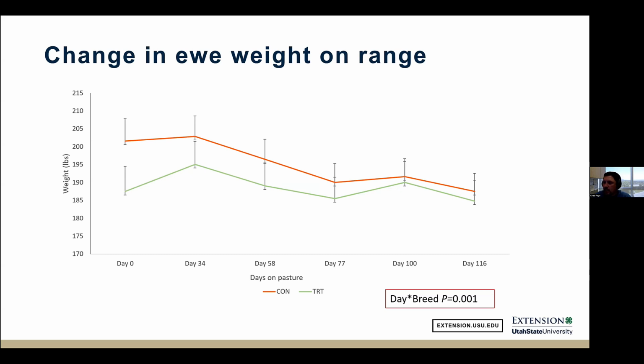But I think it goes a little bit beyond that. It goes back to that kind of unicorn aspect of sheep and why I love them. Sheep have such a diverse diet, and they're in places that have a plethora of different types of forages, some browse, some grass, some forbs.